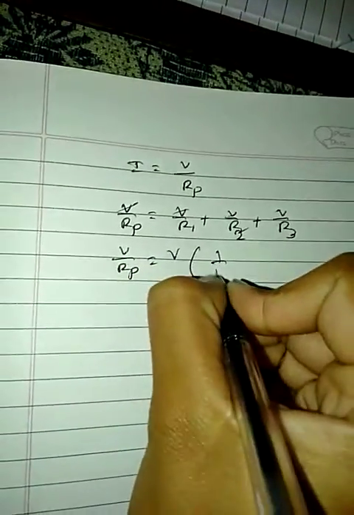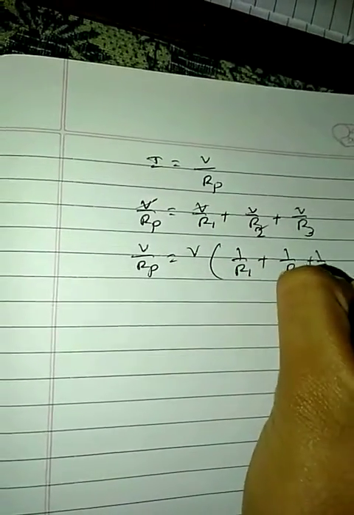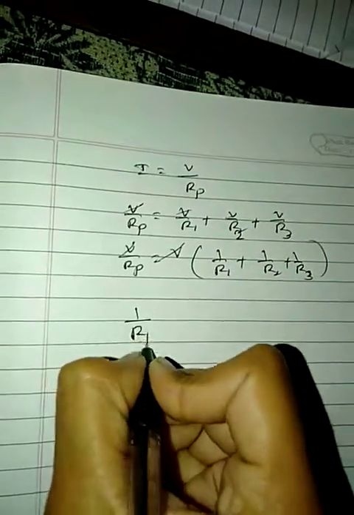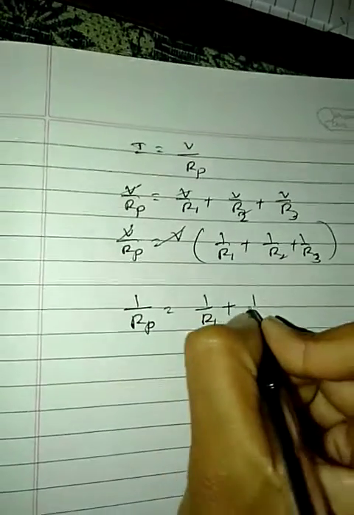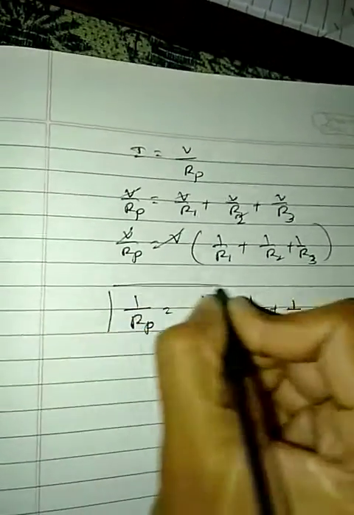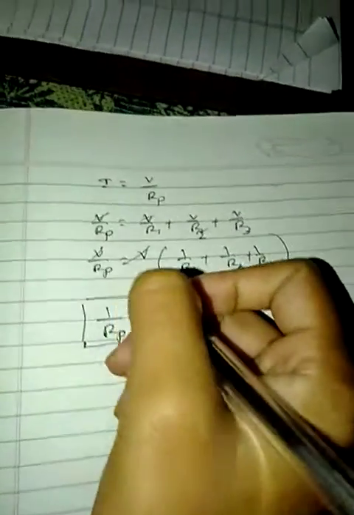When you take V common, we get 1 by R1 plus 1 by R2 plus 1 by R3. So V cancels out. We get 1 by RP is equal to 1 by R1 plus 1 by R2 plus 1 by R3. So this is the resistance combination of resistors in parallel.